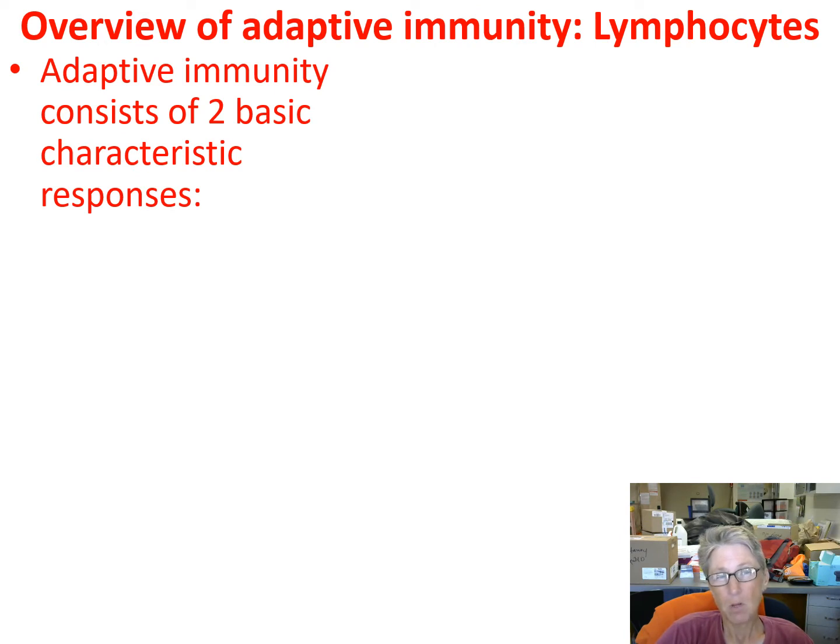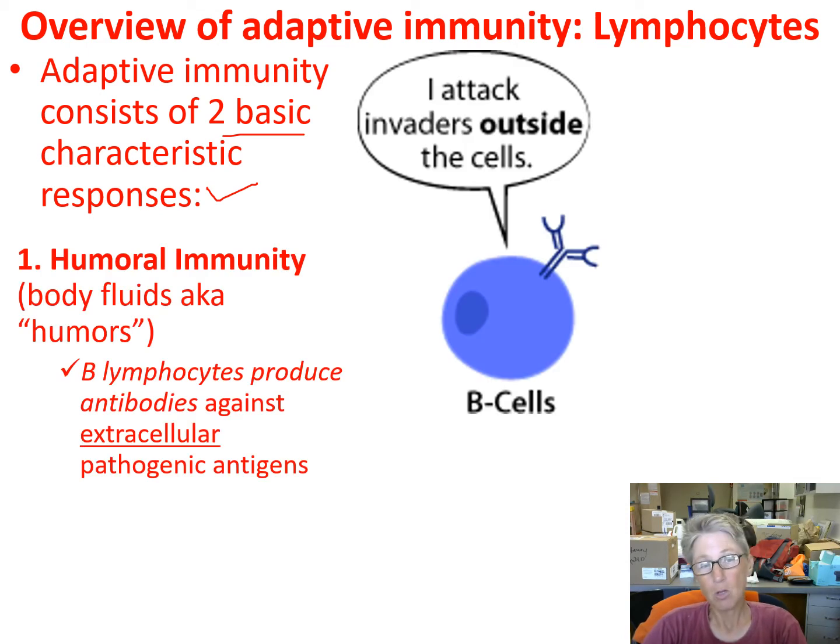Adaptive immunity consists of two basic characteristic responses. So if you're attacked by bacteria, what are the two basic types of responses your immune system can mount? First one, humoral immunity. Humor just comes from the body fluids, which in Greek, those are the humors, your body fluids.